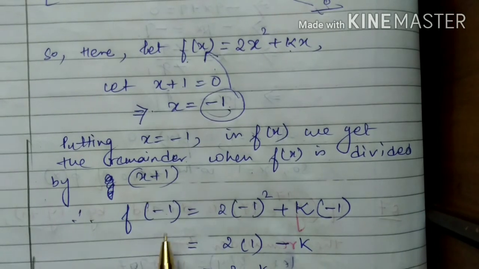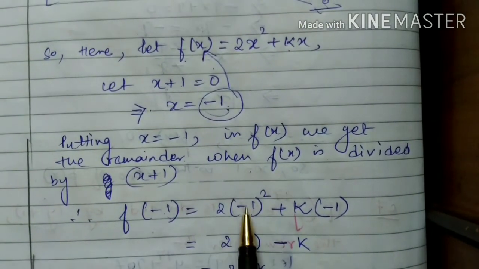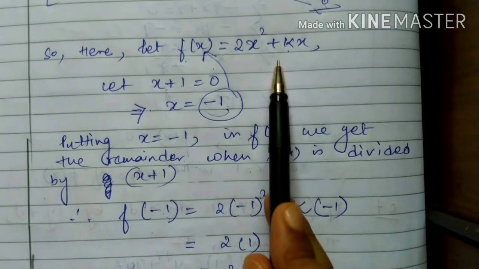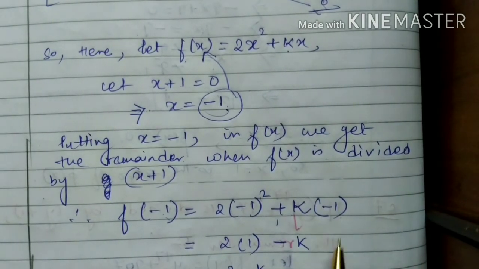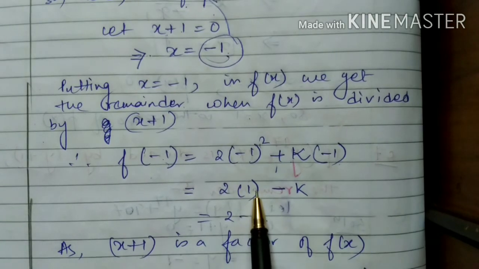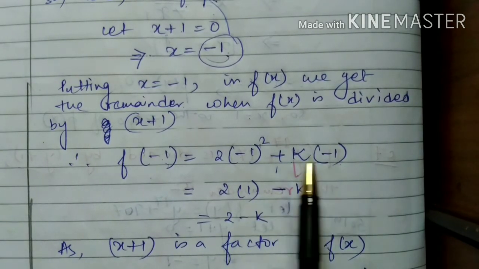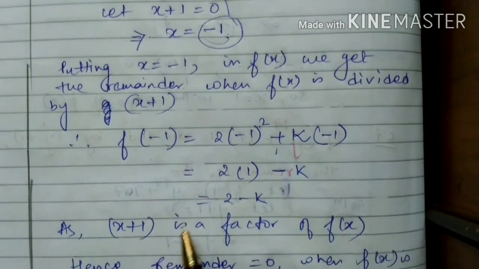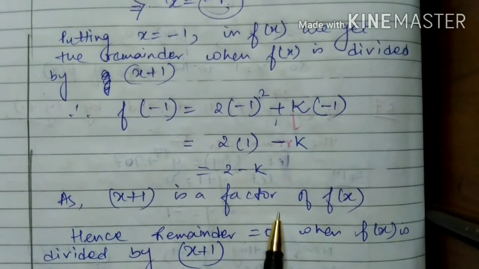Now I have calculated f of minus 1. 2 into minus 1 square, x square, so minus 1 square, plus k into x, so k into minus 1. Now calculate it, 2 into 1, plus minus k, so 2 minus k is f of minus 1. Now as it is given, x plus 1 is a factor of f(x).